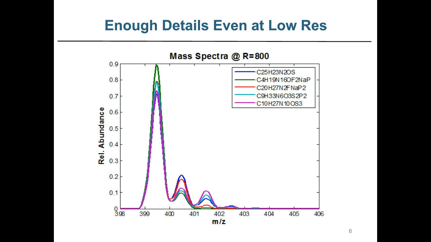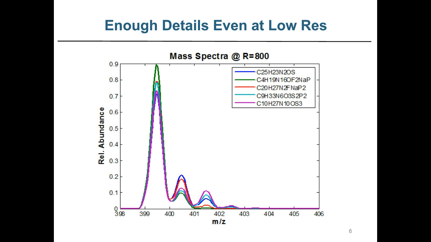In fact, if we look at a variety of different compounds with different elemental composition, all at approximately the same mass value, clearly there's a different isotope pattern that can be used to distinguish between these formulas.